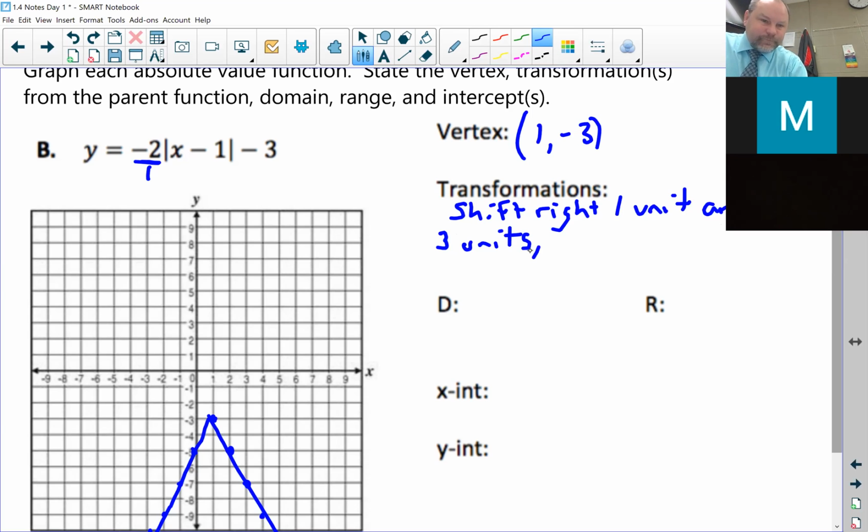Excuse me. The -2 does two things. It's a stretch by a factor of 2.